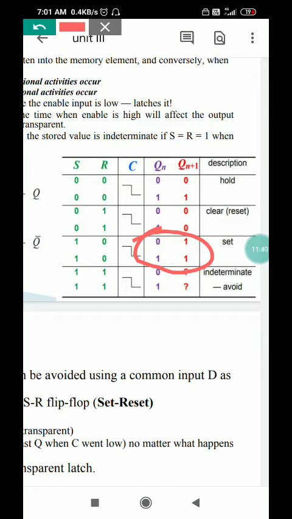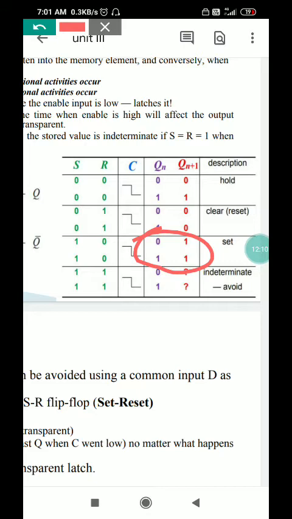But if Qn is already 1, then it remains as it is. So for SR is 1 0, Qn plus 1 will be 1, whatever may be the Qn, be it 0 or 1. The last row, for SR 1 1, it is indeterminate, and we avoid this kind of input because the output of the flip-flop becomes unpredictable.